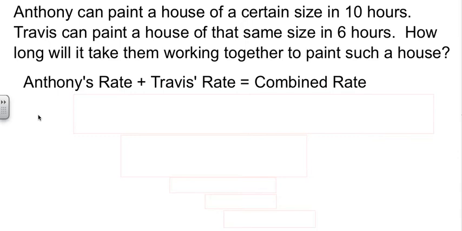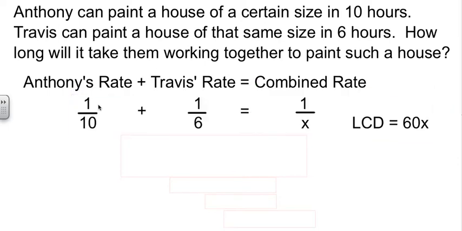It should take less than 6 hours. What we really need to find is their work rates. Well, if Anthony can paint the house in 10 hours, he does 1/10 of the house each hour. Travis in 6 hours, so he does 1/6 of the house each hour.